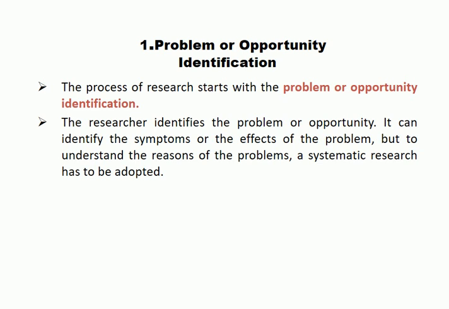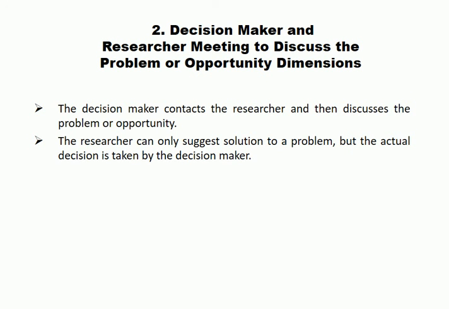So let's move on to the second stage, that is decision maker and researcher meeting to discuss the problem or opportunity dimension. This is very relevant in case of business research, where the person who will be taking the decision meets with the researcher. Let's say, suppose a company has a problem of declining market shares.